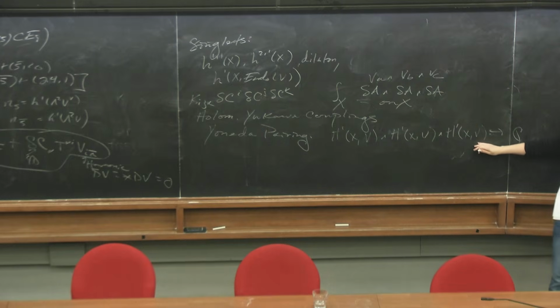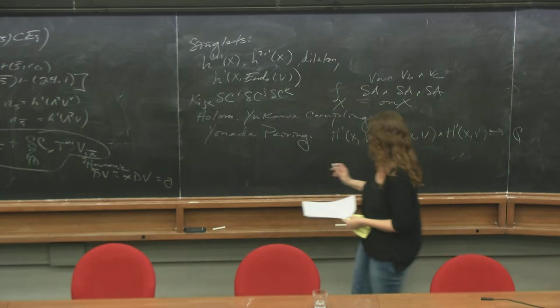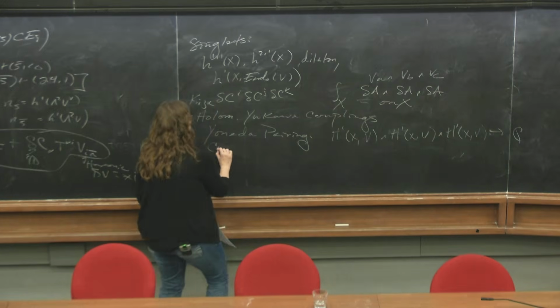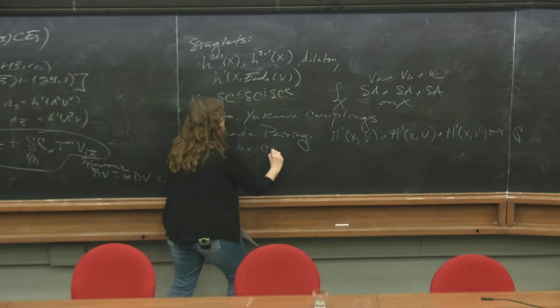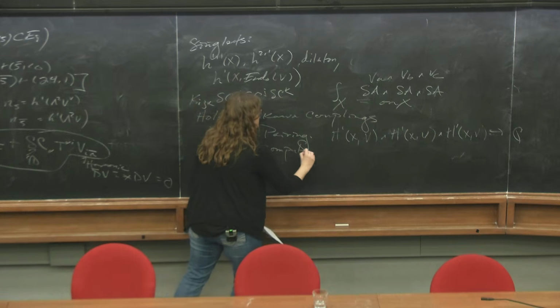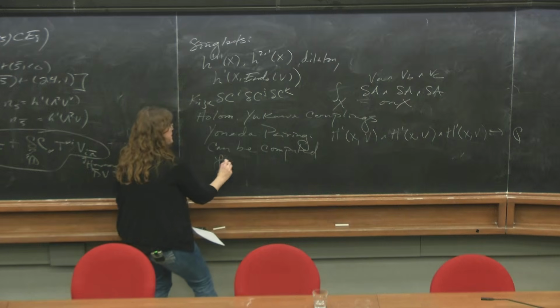It says that there's natural triple pairings between elements of bundle-valued cohomologies that form a map into C. And the only point I want to convey at this stage is these can, in principle, be computed quite explicitly. They are functions of the moduli.